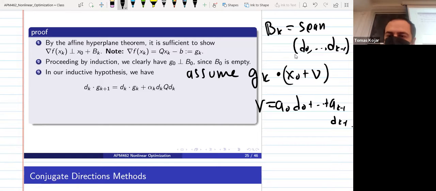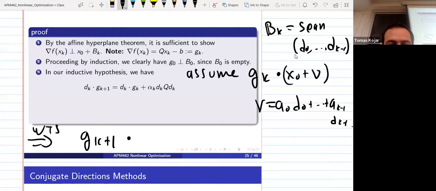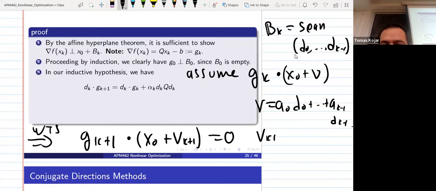So this is your inductive hypothesis, and I want to show that g_{k+1} dotted with x0 plus v_{k+1}, taking v_{k+1} from B_{k+1}, the span of up to D_k eigenvectors, is 0.